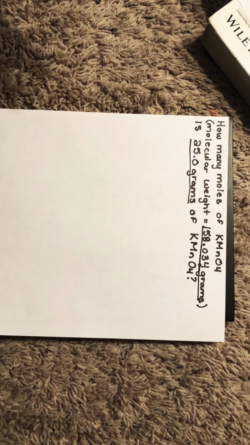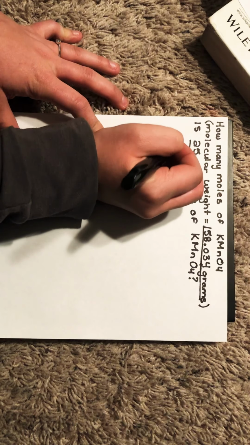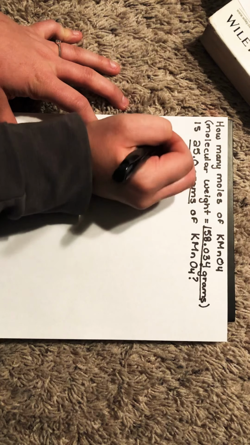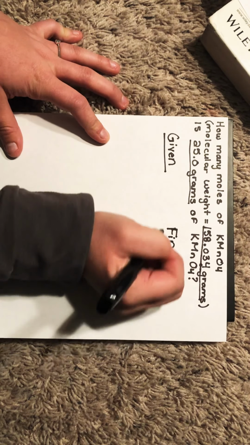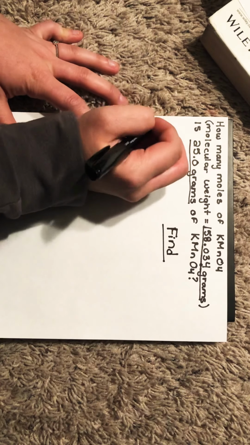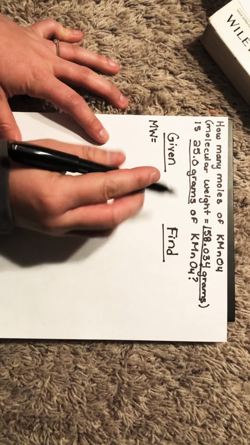Now I like to give lists when I'm converting my grams to moles, moles to grams, or what have you. So I always list my given, which is stuff that's given inside the problem, and my finds, which is stuff that the problem is asking me to find. So given is the molecular weight, which I'm going to abbreviate as MW, of KMnO4.